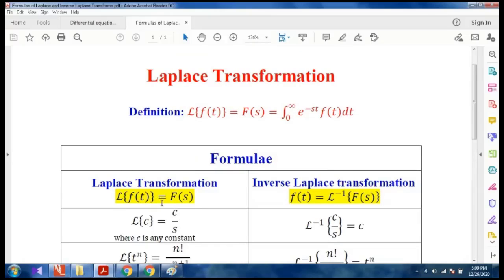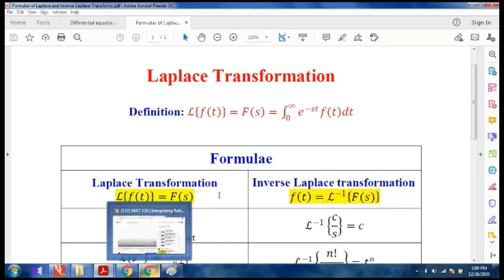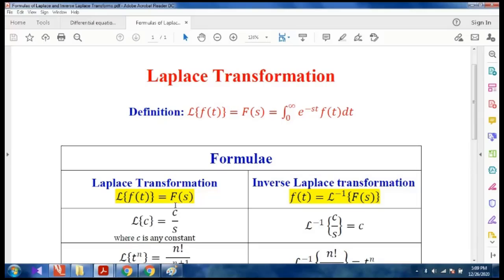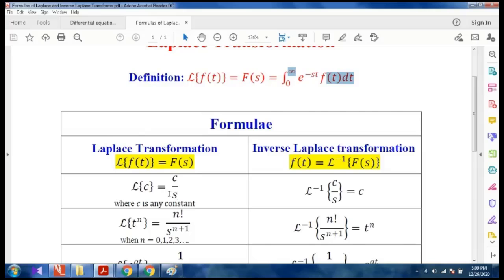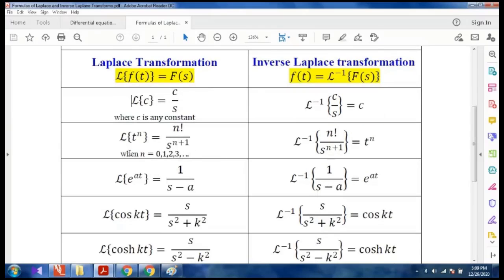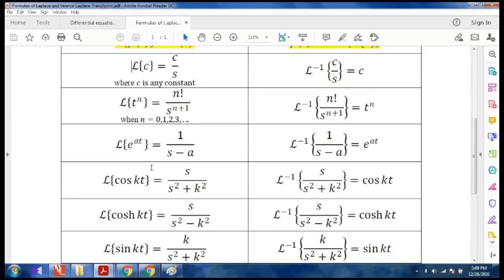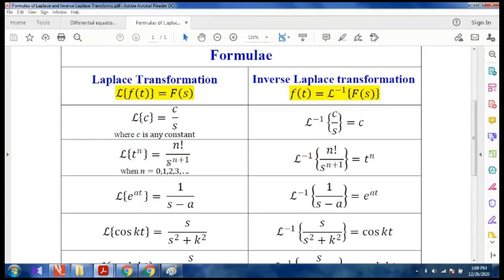If definition is mentioned, like solve the problem by using the definition of Laplace transformation, then you have to use this integral. But if definition is not mentioned, you can solve the problems directly by using these formulas.